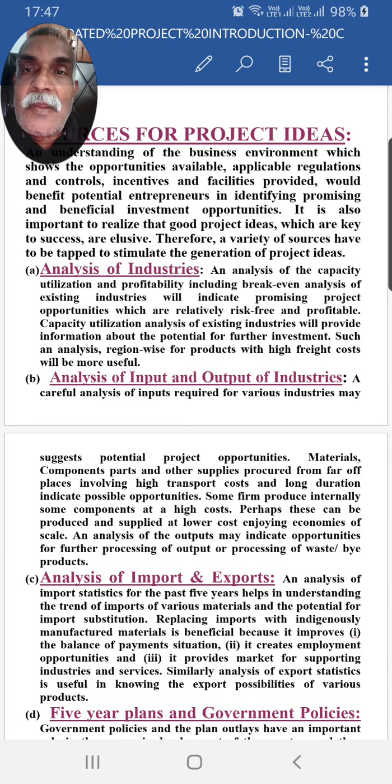Today we will discuss the sources for the project ideas. For this, first of all, we have to think about the business environment.